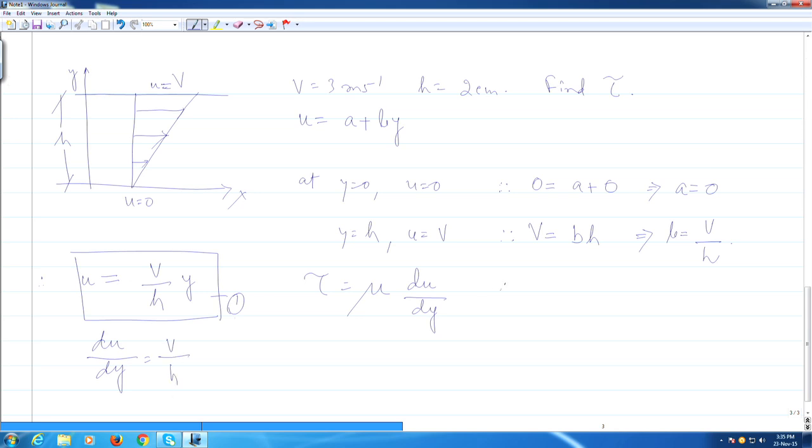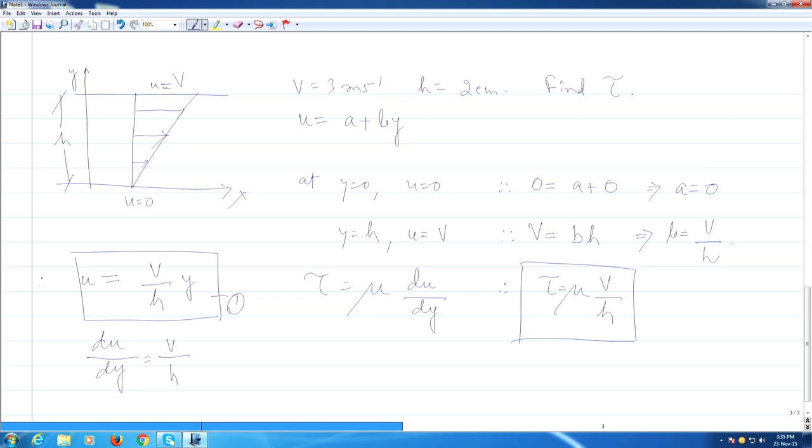So therefore tau is equal to mu V by h. Okay, that's the expression. I did a little bit of math and I got this, but I would request you to think about this from a more conceptual basis.